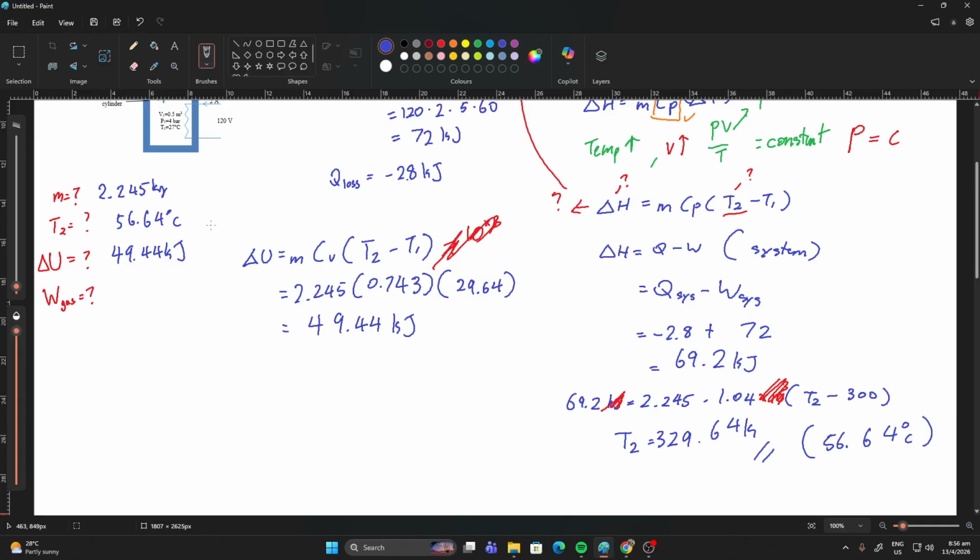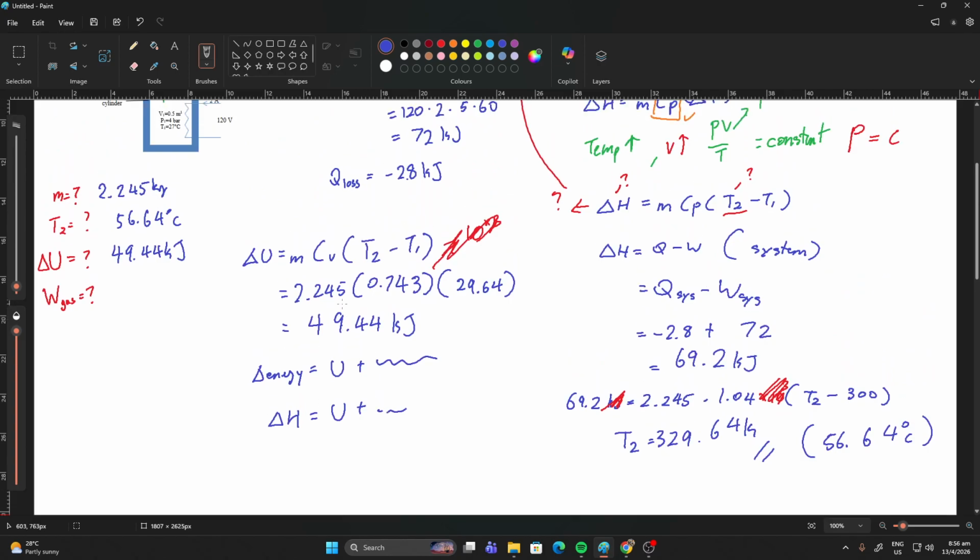Because I can say that the total energy change equals U plus a certain extra stuff, which essentially becomes your H. U plus a certain extra stuff, based on my understanding.